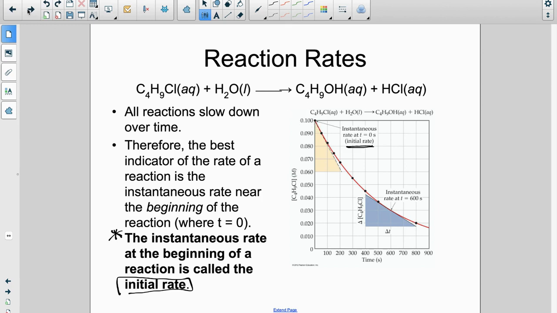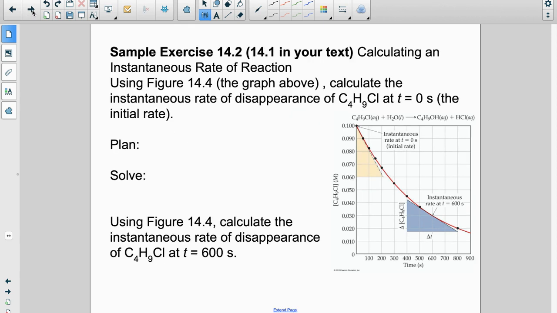We're not going to be drawing many tangent lines, but just to show you how this is done, here's the tangent line drawn to this point at time equals 0. In order to find the initial rate, we draw this tangent line, and then there's a triangle here in order to find the slope of this line.